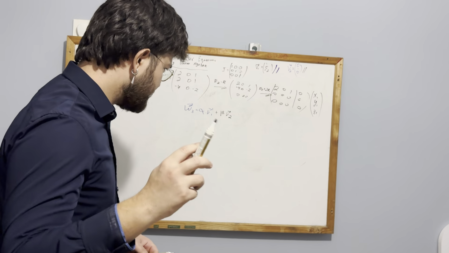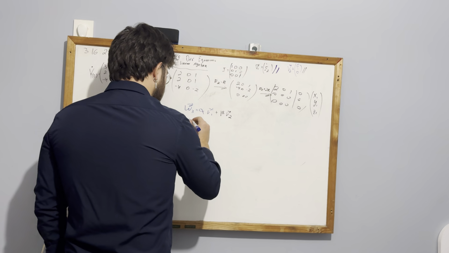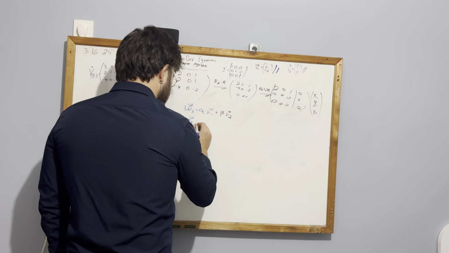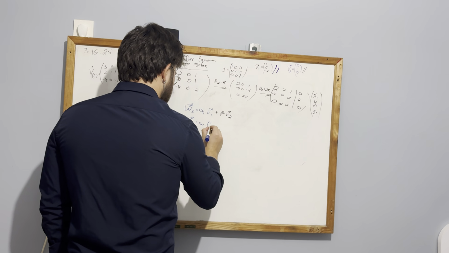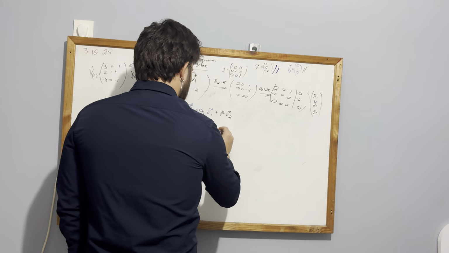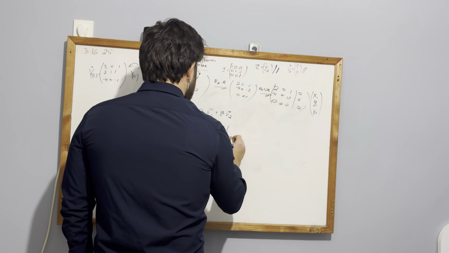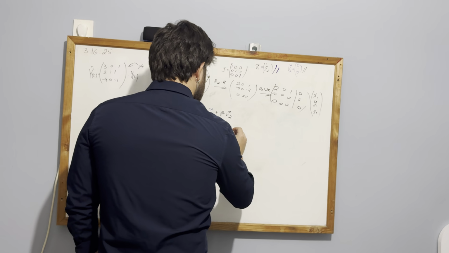So if we plug that in, we have w3 equal to alpha times 1, 0, minus 2 plus beta times v2, which is 0, 1, 0.